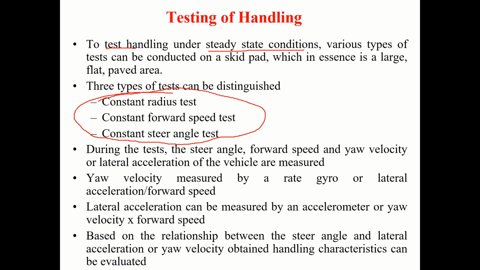So, constant radius test. In this constant radius test, we'll consider a circle of constant radius r. Correct? We make the vehicle go around this. Then we will measure steer angle, forward speed.